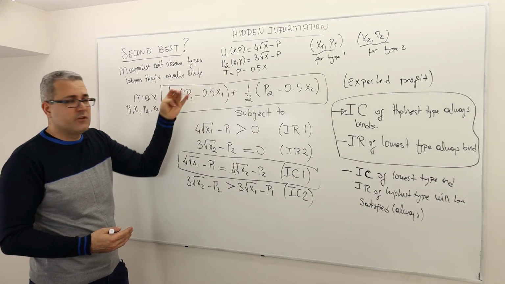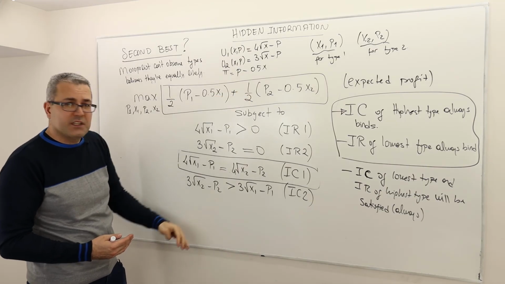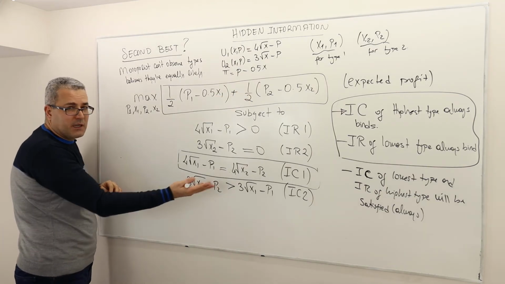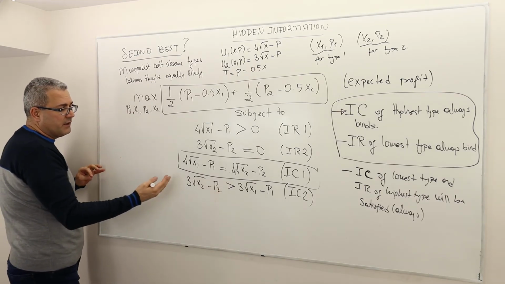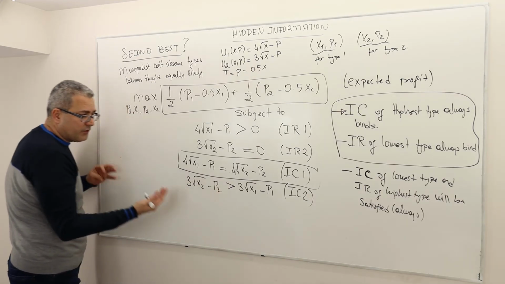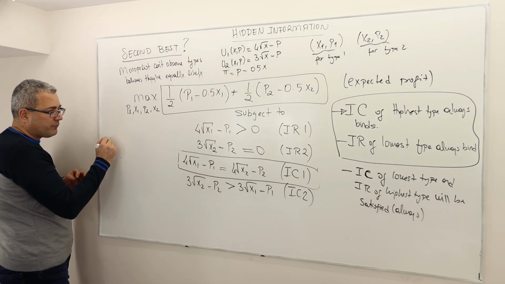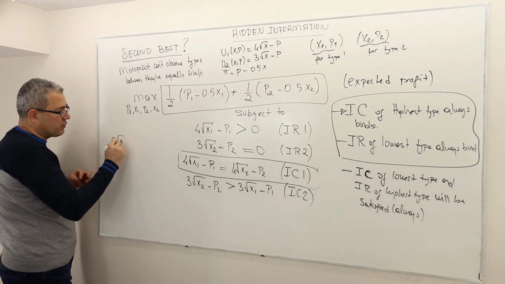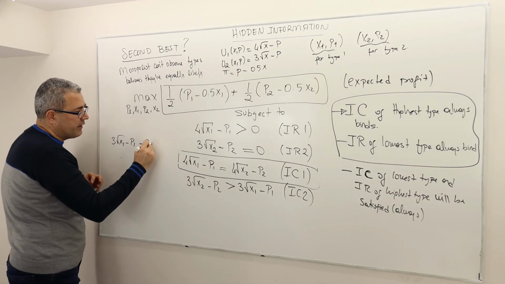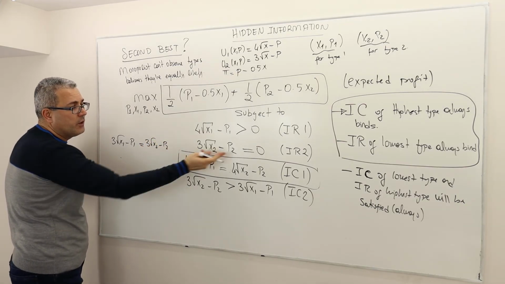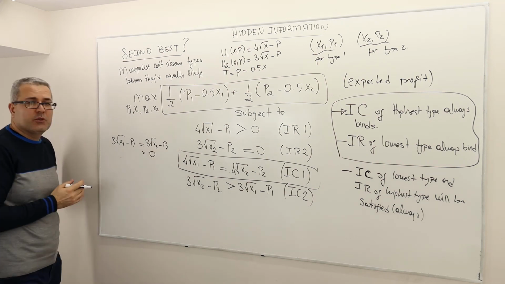X1, P1, X2, P2 satisfy all those constraints. Some of them are binding, some of them maybe are not. But if this is not true, that means 3 square root of x1 minus p1 is equal to this 3 square root of x2 minus p2, which we just showed is equal to 0.